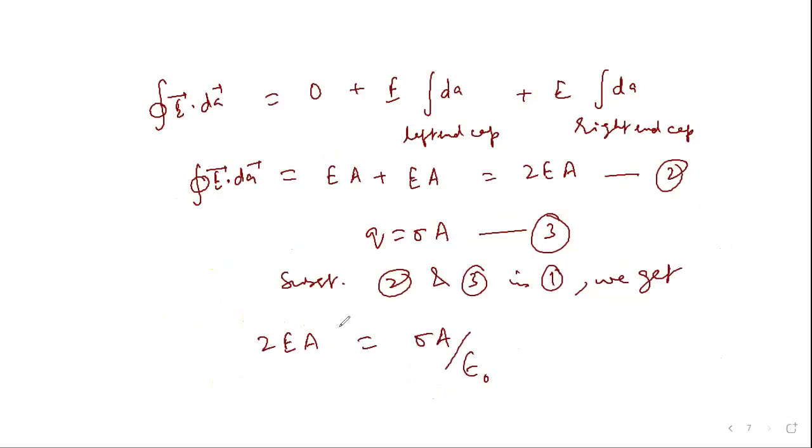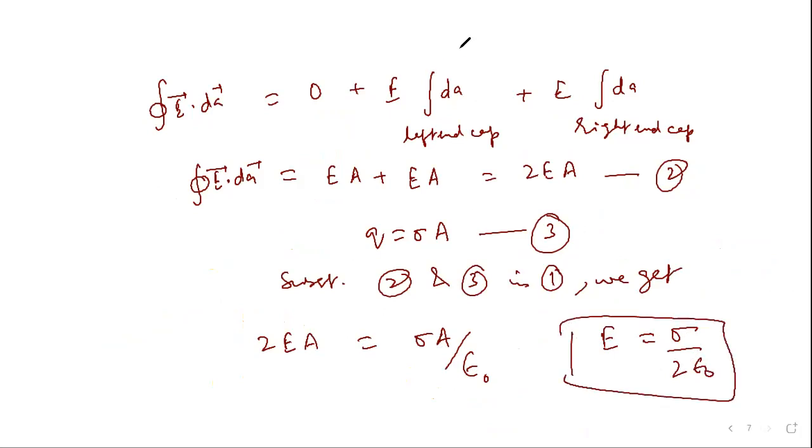Now what will happen? A will go, I will get E equal to sigma by 2 epsilon naught. Let this be my equation 4, right? Sigma by 2 epsilon naught.